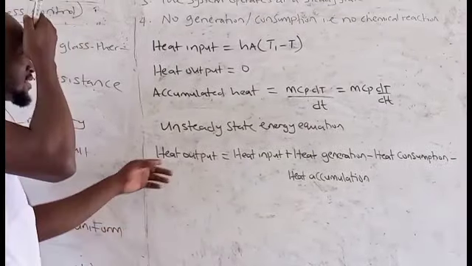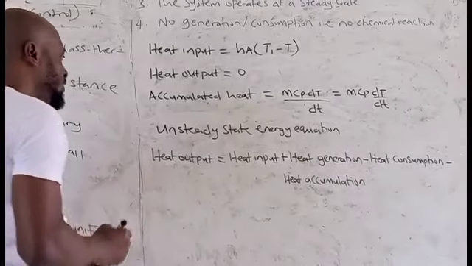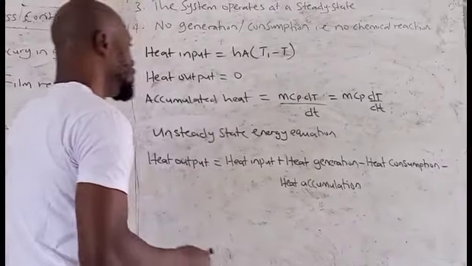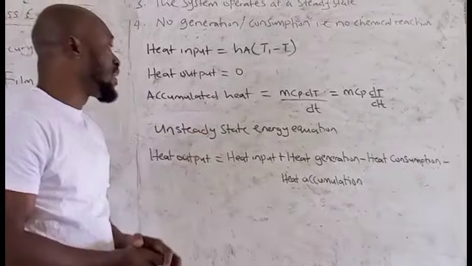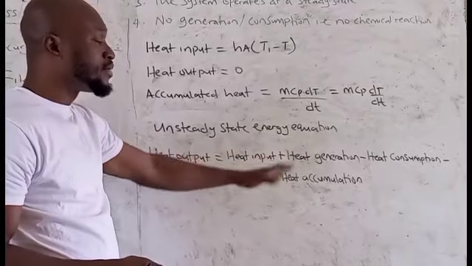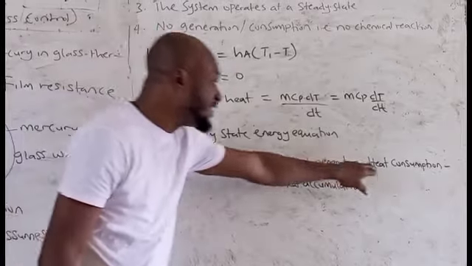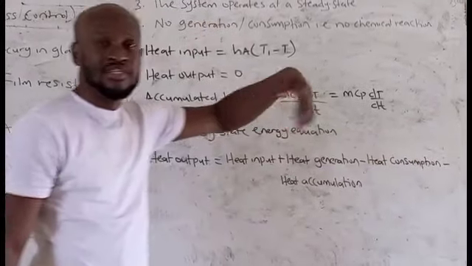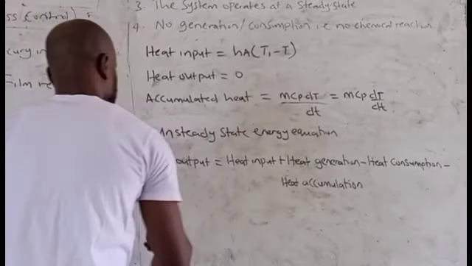In this case our heat output is zero. One of the simplifying assumptions is that there is no chemical reaction, and since there is no chemical reaction, both heat generation and heat consumption are equal to zero.